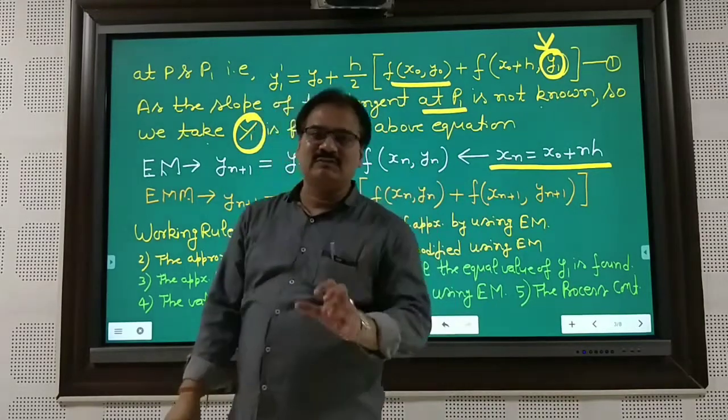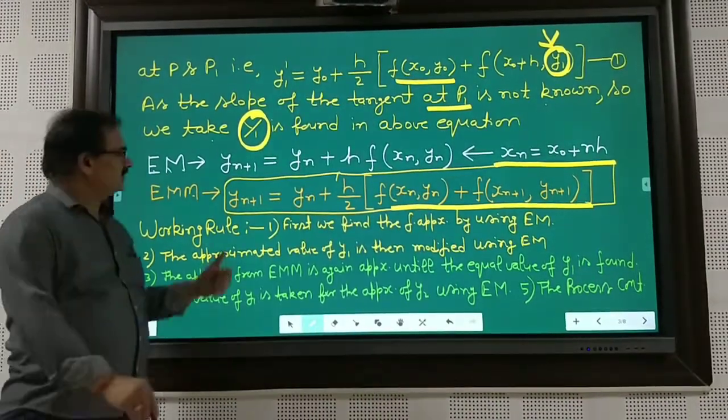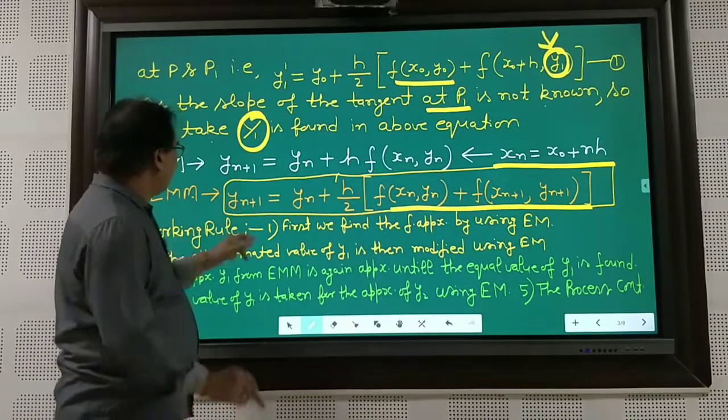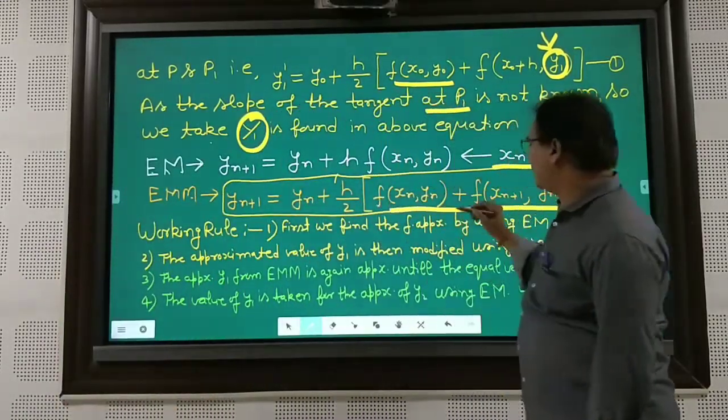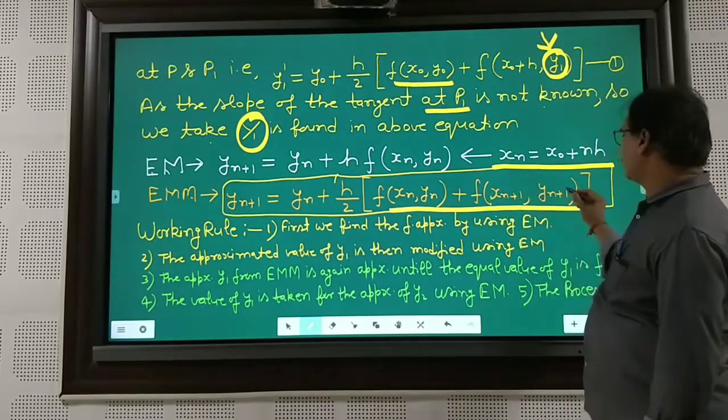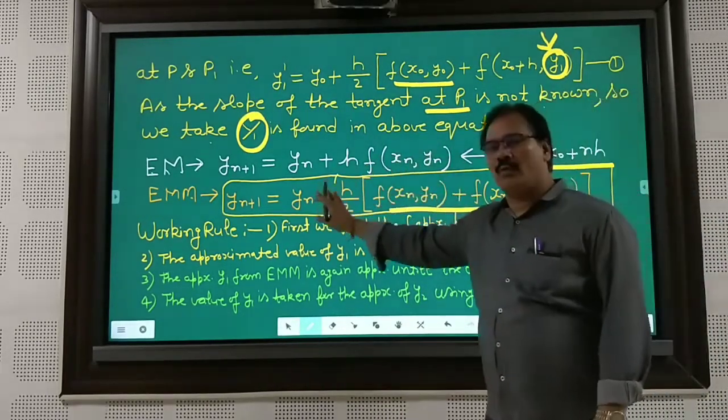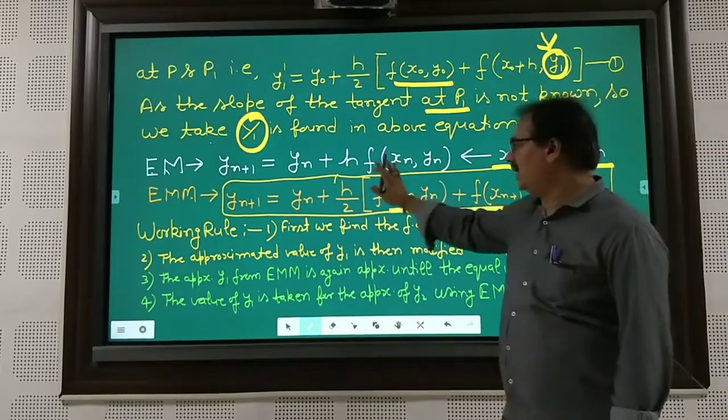In Euler's modified method, y(n+1) is equal to yn plus h by 2 times f of xn, yn plus f of x(n+1), y(n+1), which means the mean of the slopes.